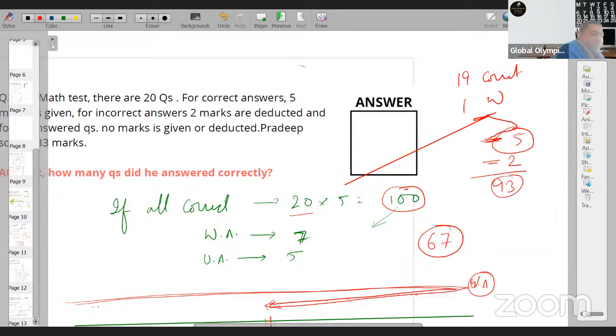So he first gets 95 because of 19 correct and then comes down by 2 to 93. So from 100 he comes down by 7 for a wrong answer.